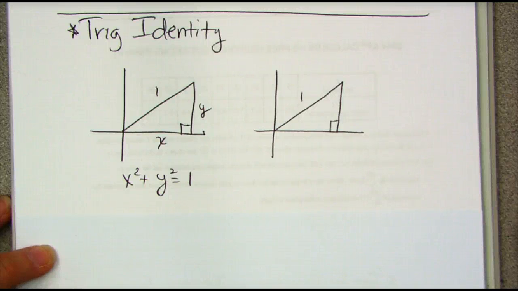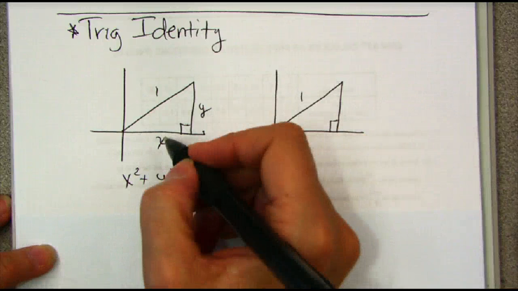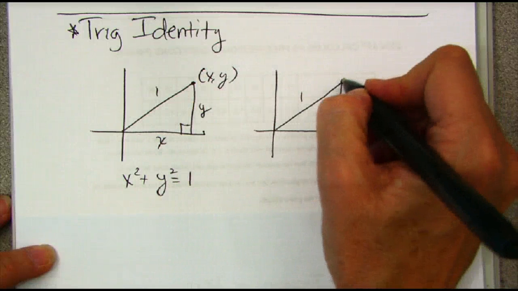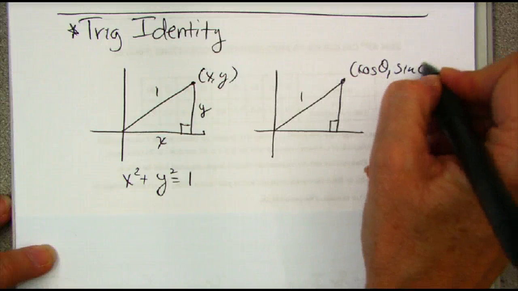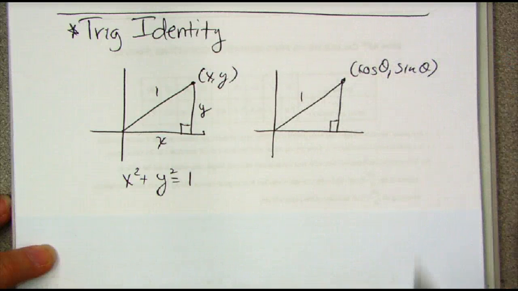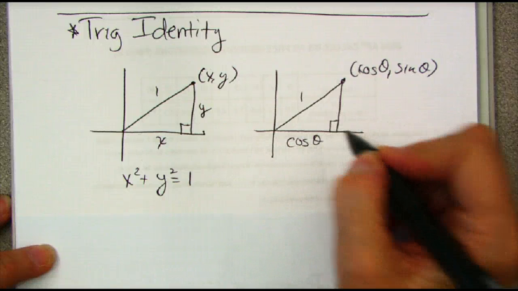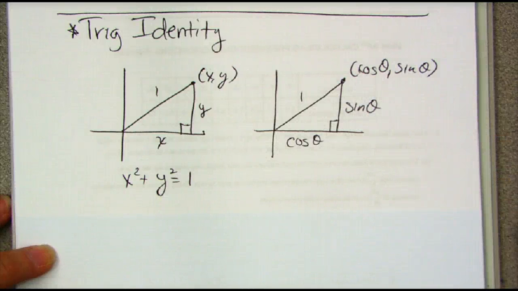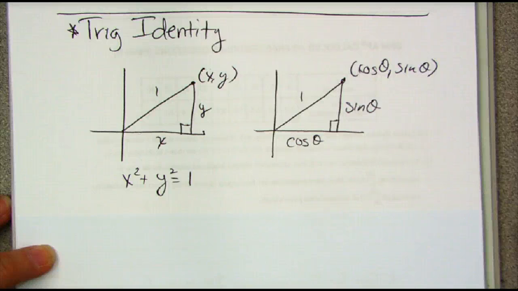The one thing, though, that we noticed is when I do have this unit circle, this reference triangle, isn't that an ordered pair xy? But we also know that this ordered pair xy is cosine theta, sine theta. So that means this x value is really cosine theta, and this y value here is really sine theta. Do you agree?